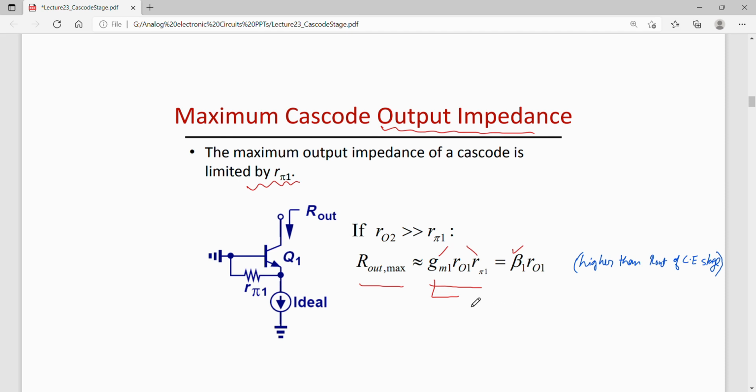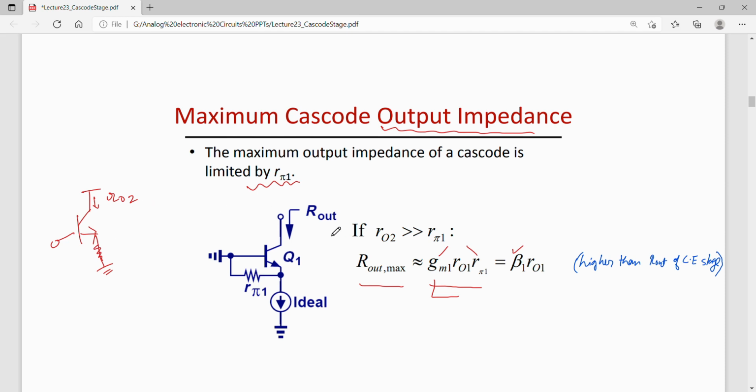So this is much higher than the common emitter stage. For the common emitter stage, the output impedance looking into this port, as we had calculated, is RO2.